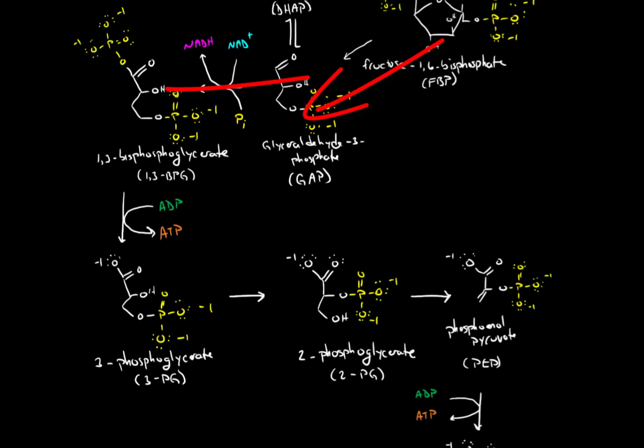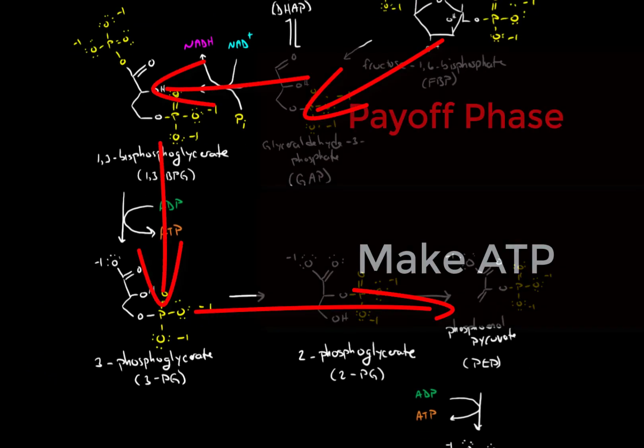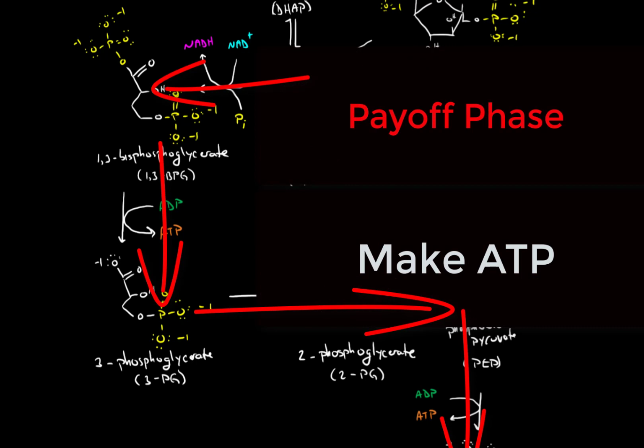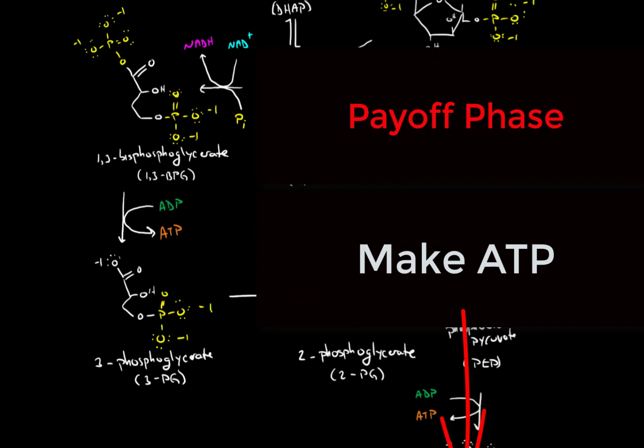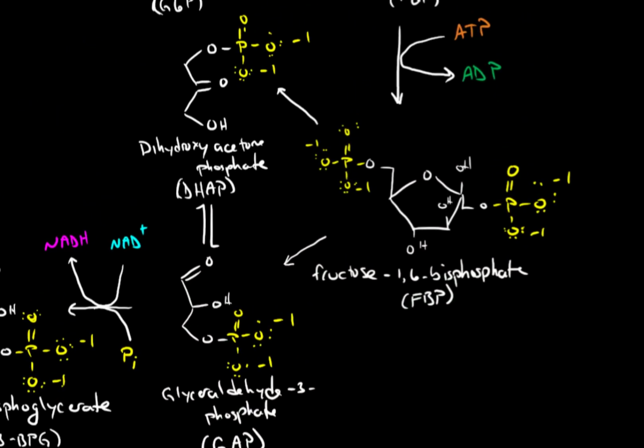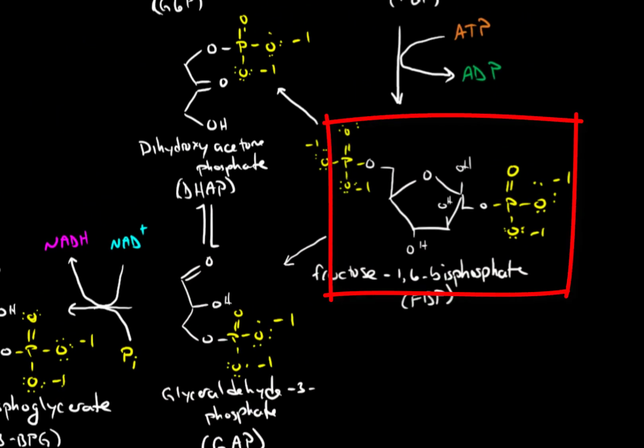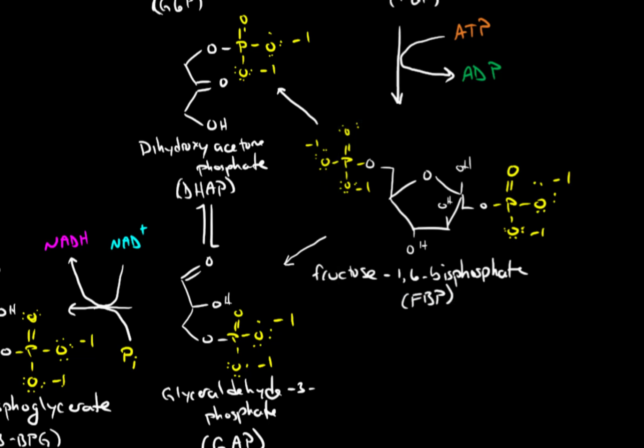The next steps are all leading off to a payoff of ATP, so they are called our payoff steps. The first part of that is taking our 6-carbon chain of fructose 1,6-bisphosphate and converting that into 2 equivalents of 3-carbon chains.